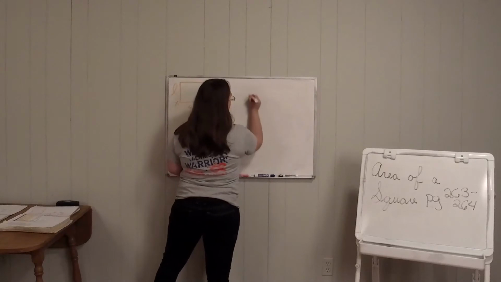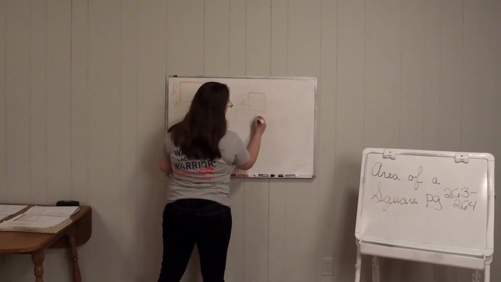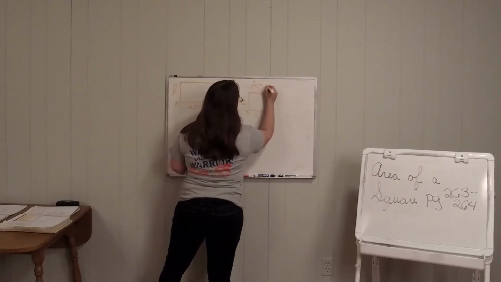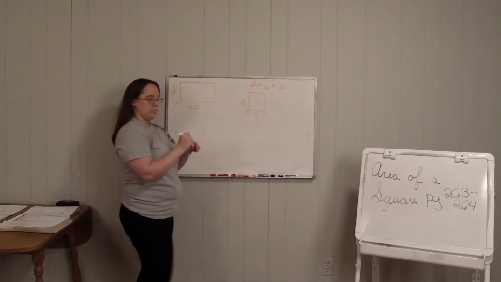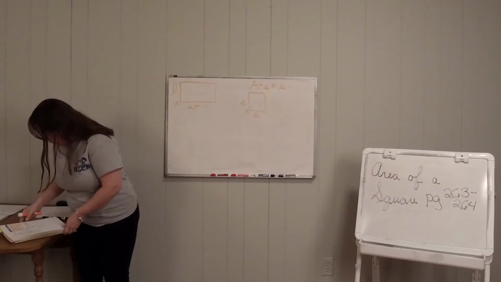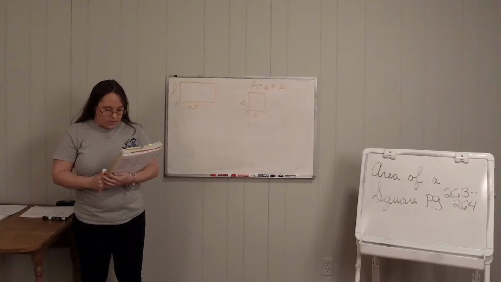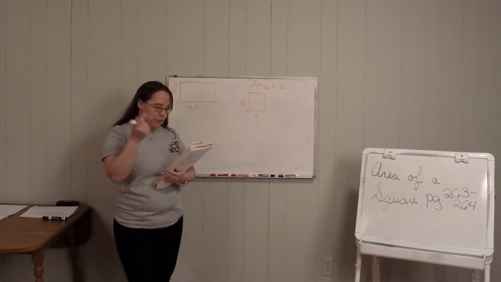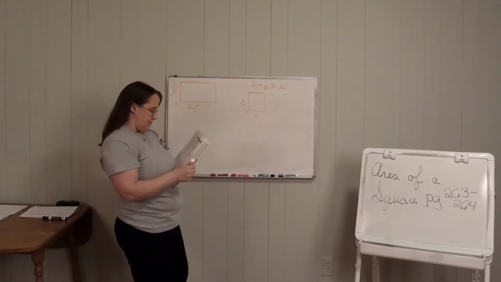Your square is side times side. So the area of a square can be found by using the formula A equals S times S, side times side.